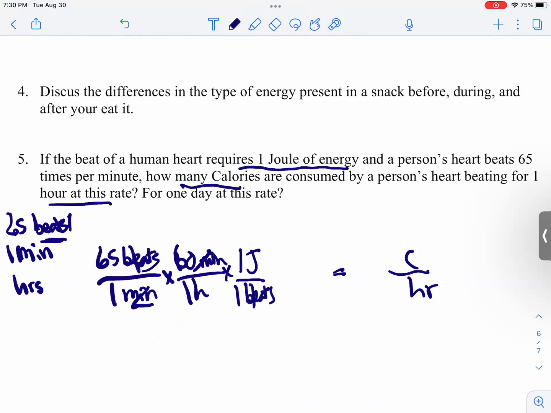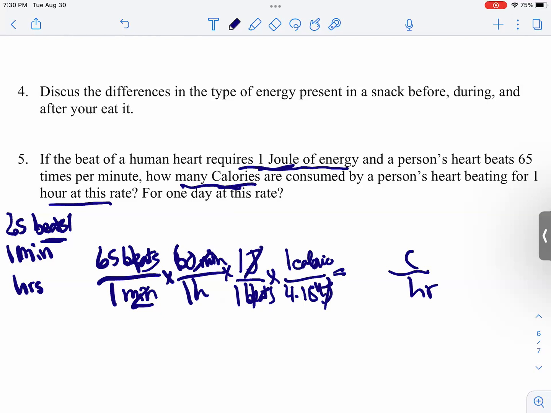So that cancels out over here. And now you're going from joules to calories, right? We just did that. So in 1 calorie, you have 4.184 joules. You want to cancel that out.